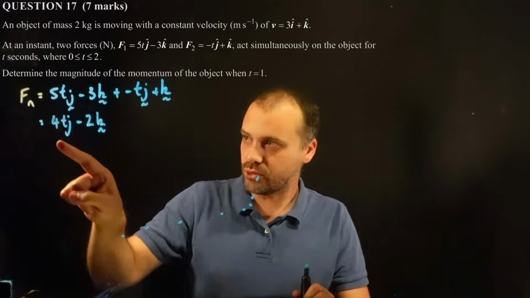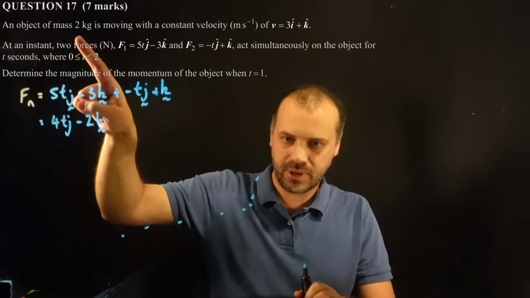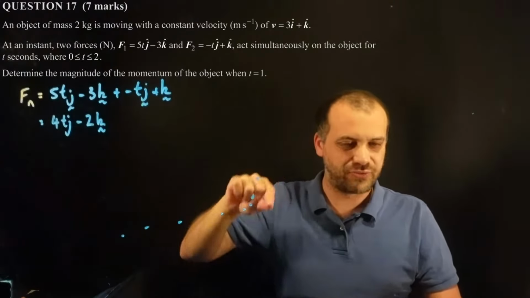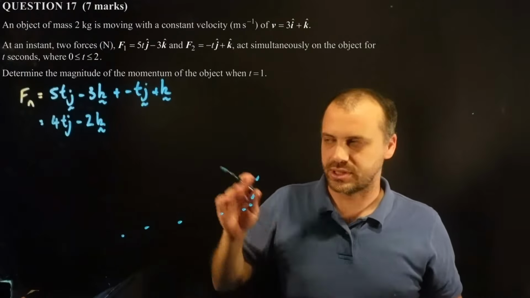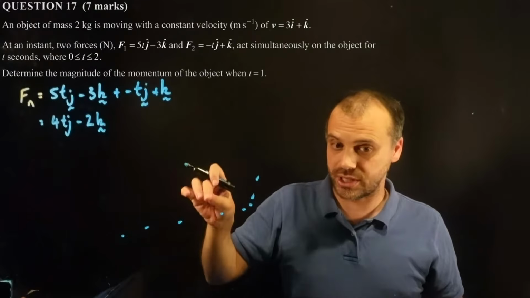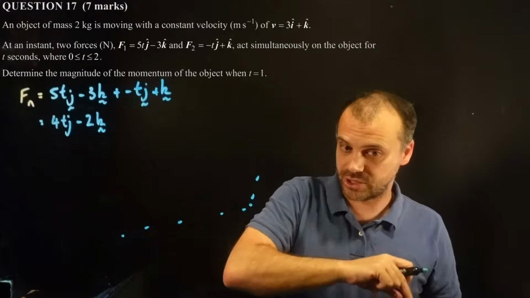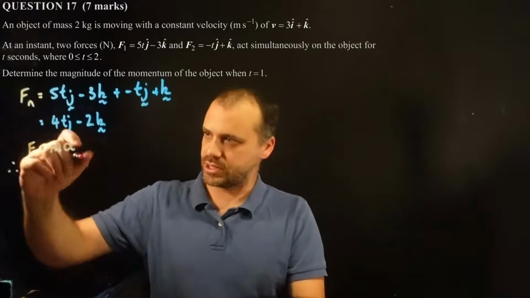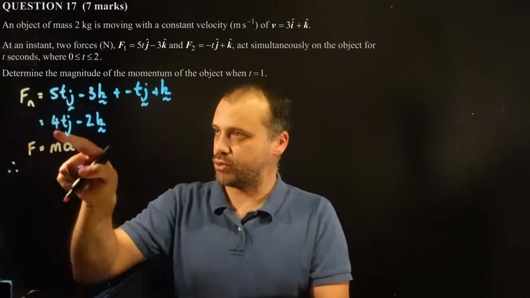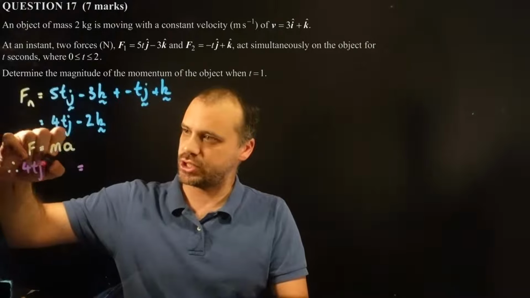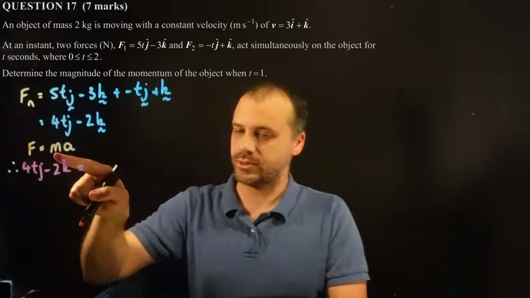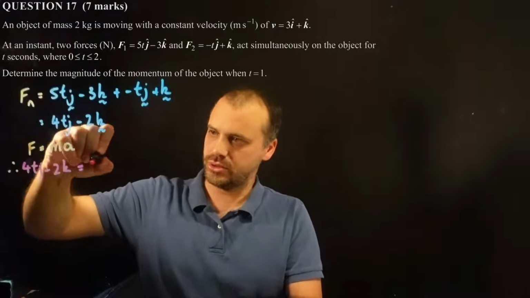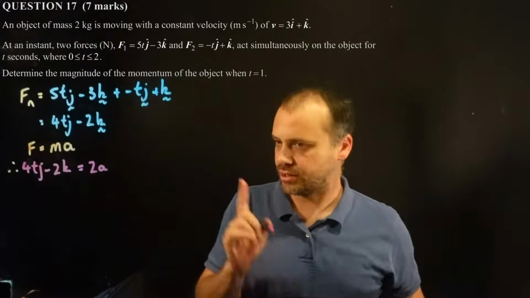Well, I have a force and I have a mass, so I can find the acceleration, because force equals mass times acceleration. That means that force, which is 4tj minus 2k, is equal to the mass 2 times acceleration.